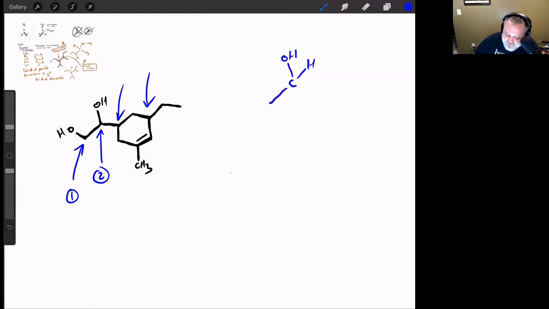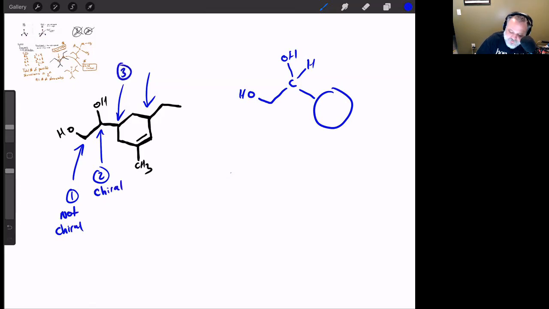It's connected to this CH2OH group, and then it's connected to the rest of this ring. Those are 4 demonstrably different groups. And so this carbon is chiral. So not chiral for this one, but chiral here.